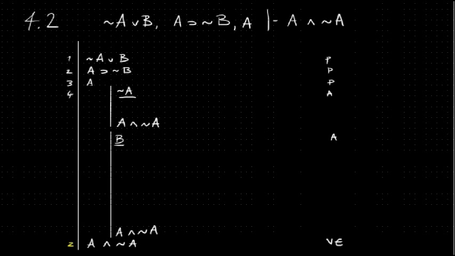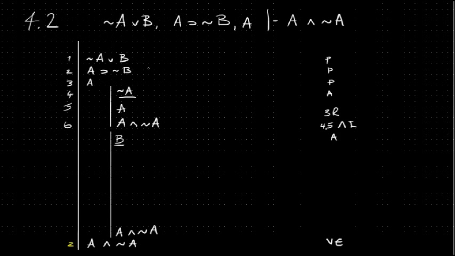Well, that's really easy. I can just reiterate up line 3 onto line 5, reiterate up A, so that was 3 reiteration, and then that allows me to just do a conjunction introduction on line 6, so that would be 4, 5, conjunction introduction.